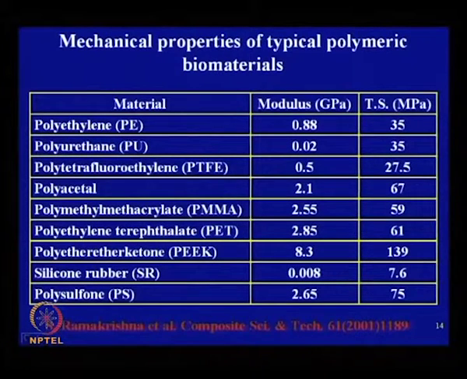Here you see, if you can make fibers from these polymers in nano dimensions, or disperse some fillers, say clay, nano clay, etc., in these polymers, you can make nano composite devices for biomedical application, and there will be intimate contact between the fiber and the matrix.